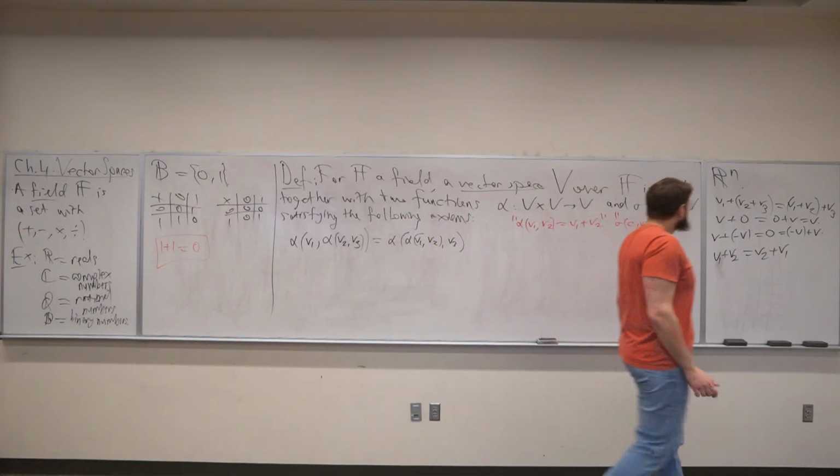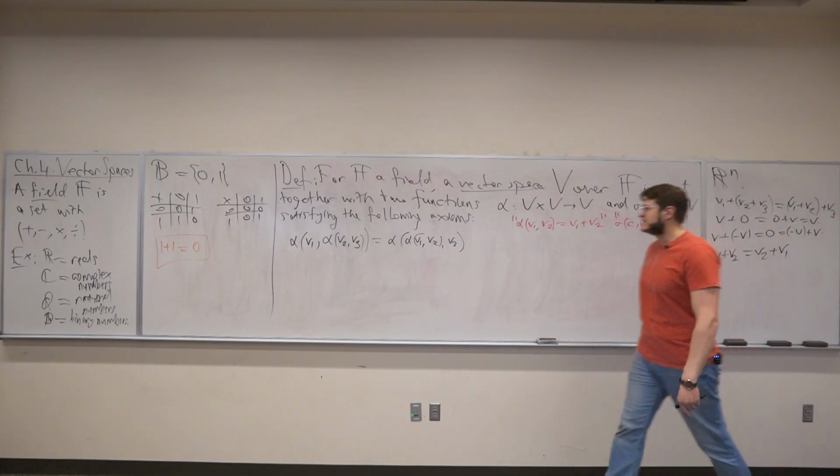Then you say, well, there's a vector. Let's call it zeta for 0.